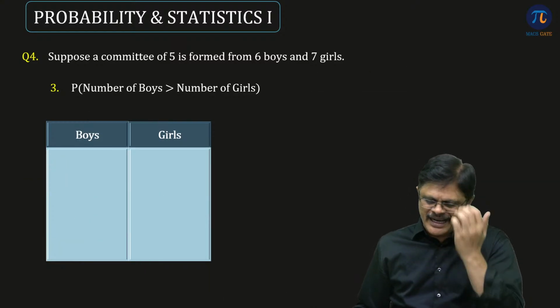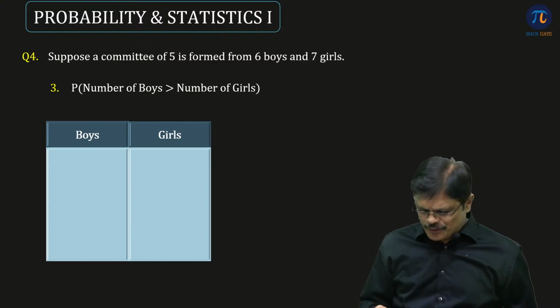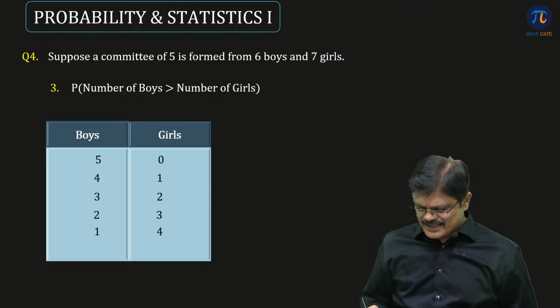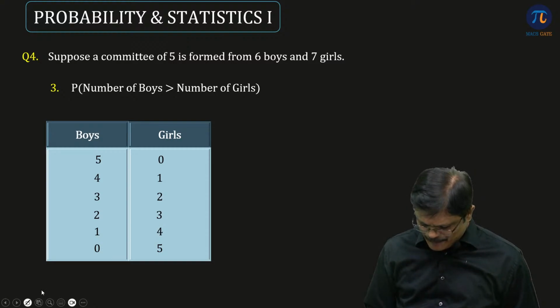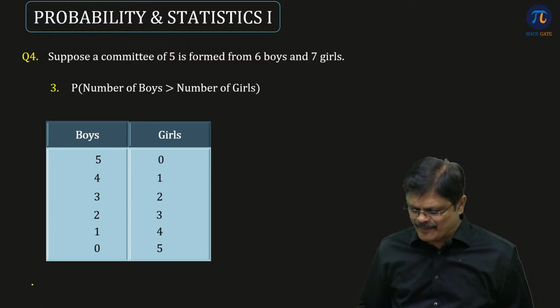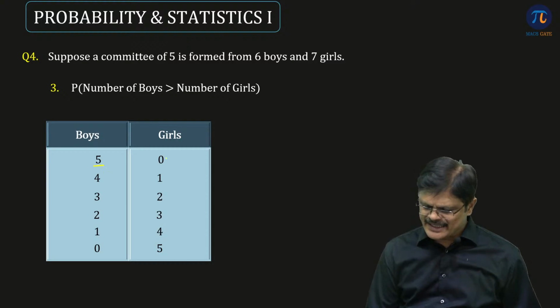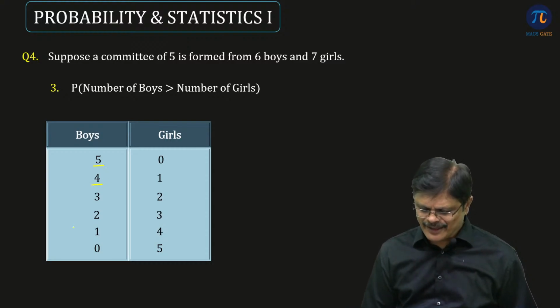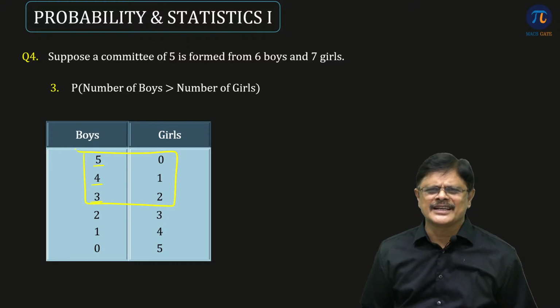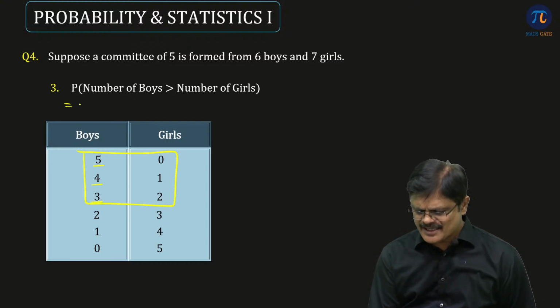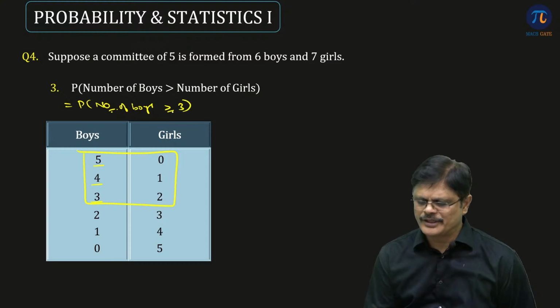So now here I can ask you a question. See, it is all about these categories. Based on this, he can ask you any question. When you have the number of boys greater than the number of girls: 5 is greater than 0, fine. 4 is greater than 1, fine. 3, these 3 cases. That is, this problem is the same as the probability that the number of boys is greater than or equal to 3.